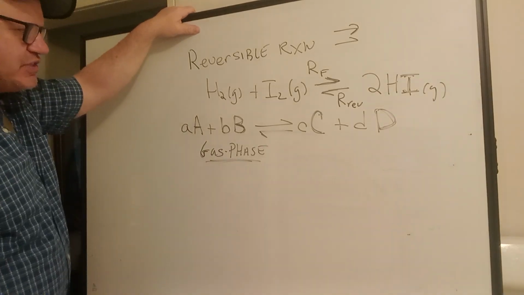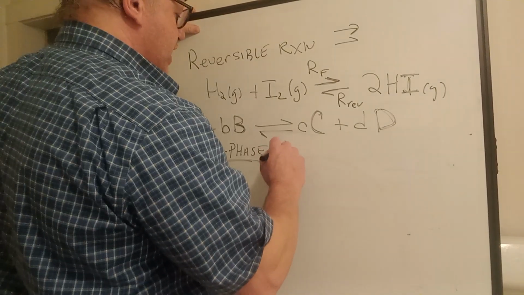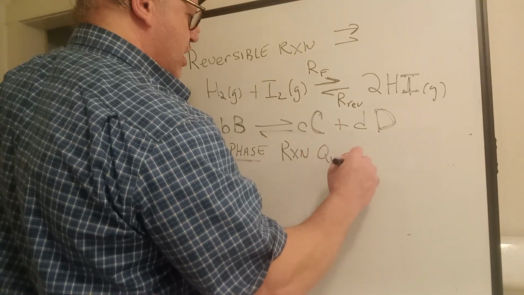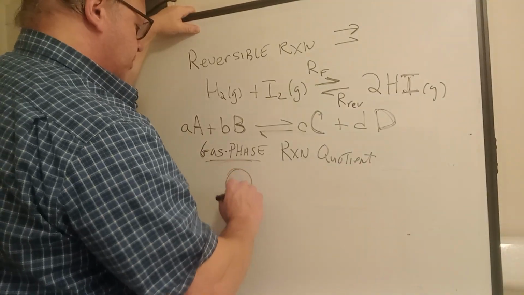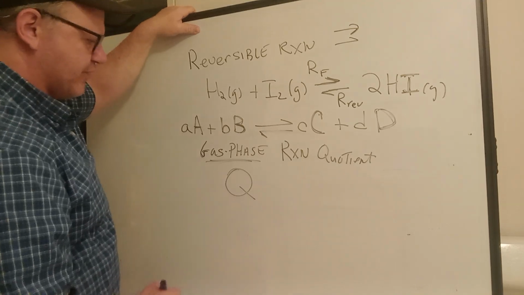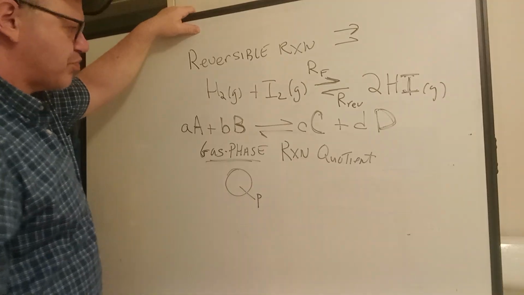One of the ways that we can characterize this is what's called a reaction quotient. It's typically denoted with a Q. I will use a convention just for my notes and self-consistency when I'm talking about it in terms of pressures.